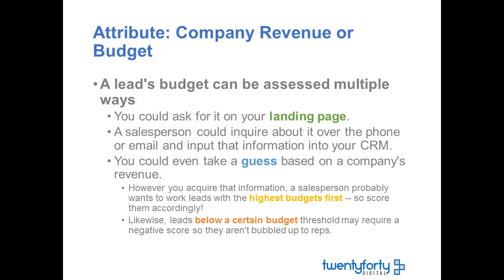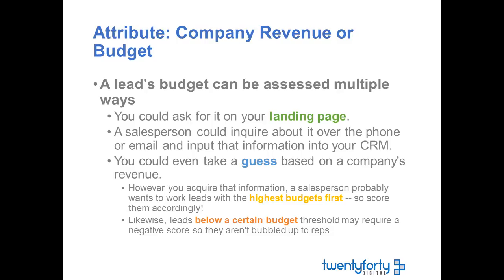All right. So to go into a couple of the more explicit types of attributes, which aren't tied specifically to web behavior or email behavior, you could score against company revenue or their budget. Where do you get this information? Back to the forms and the landing pages, you could ask for that information from that actual person. You can buy a list that hopefully will have that information on it.